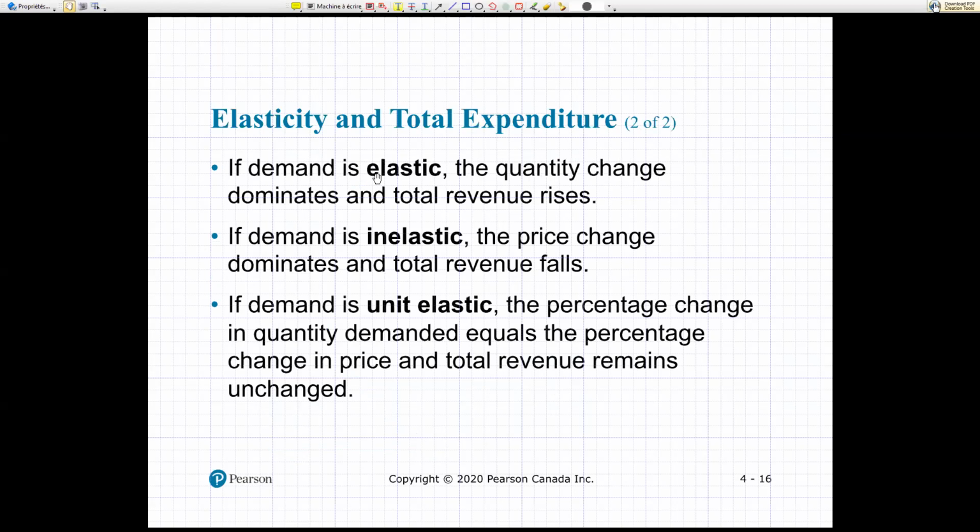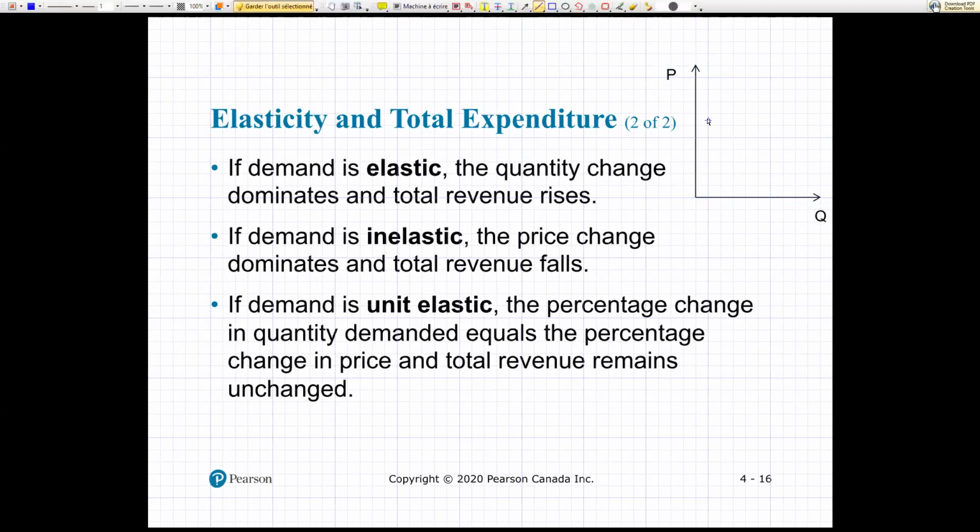All right, so if demand is elastic, the quantity change dominates and the total revenue rises. So let me draw a graph of that. Here I have, let's see, demand is elastic. So elastic is this way or that way, 1 or 2. This is quantity. This is, yes, it's 2.